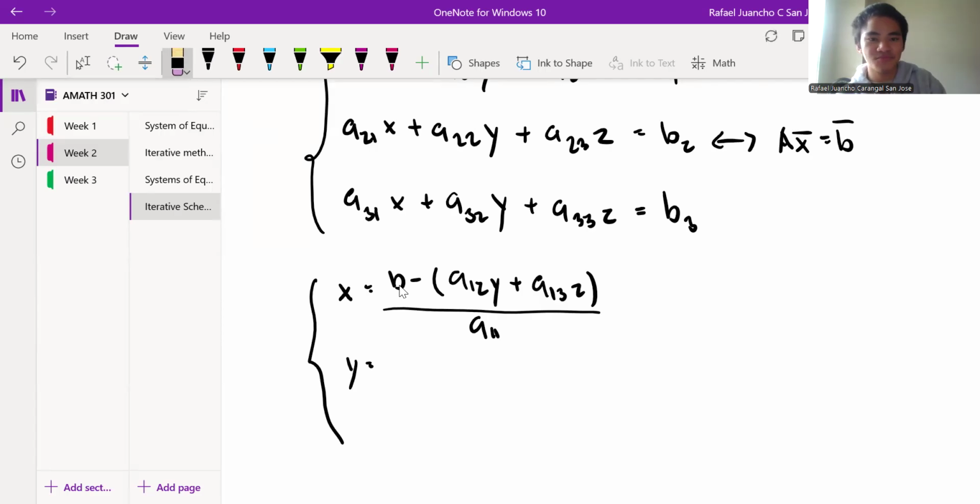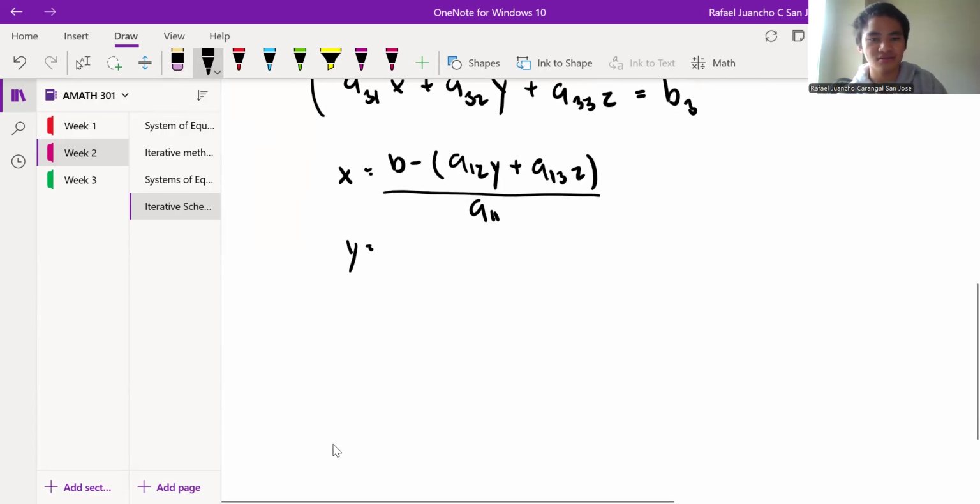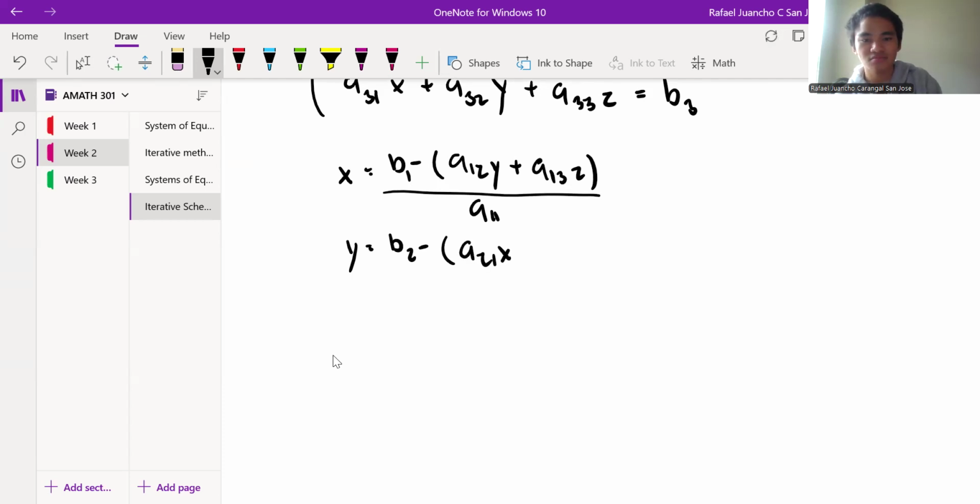Let me do y. For y, I get b2 minus a21 x, and I add that to a23 z. And then I compute over a22.